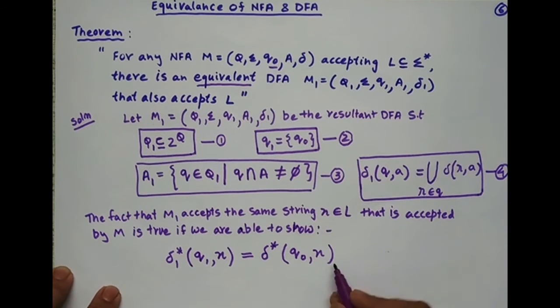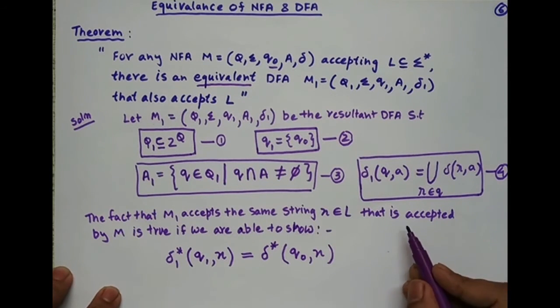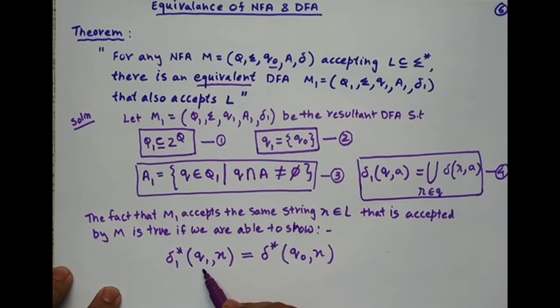So we need to show that del 1 star of Q1 comma X is equal to del star of Q0 comma X, where del 1 star is the extended transition function for DFA, del star is the extended transition function for NFA, Q1 is the start state of the DFA, and Q0 is the start state of the NFA.